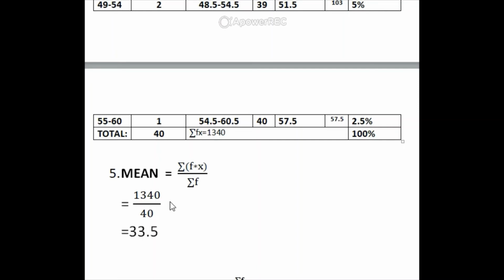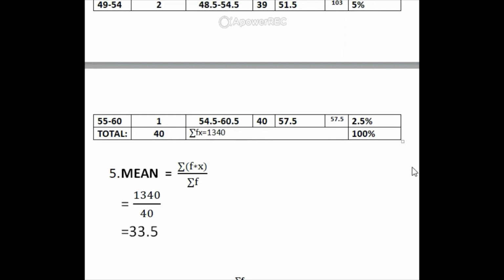So, we have 1,340. Ito yun. At all over 40. Ito yung total or the summation of frequency. So, 1,340 divided by 40 is equal to 33.5. And that is your mean.